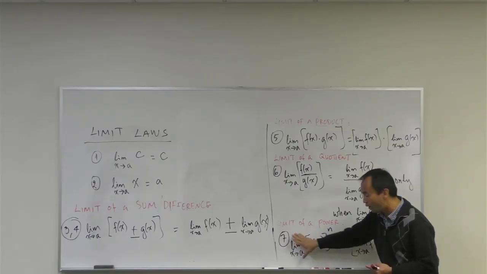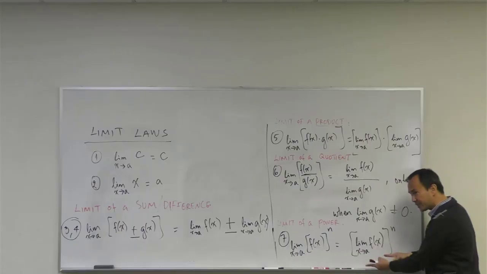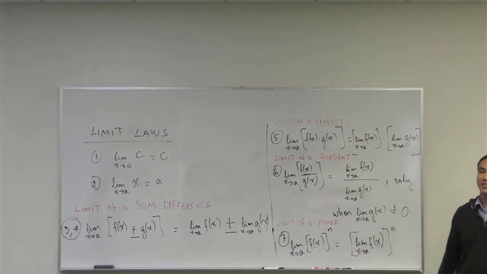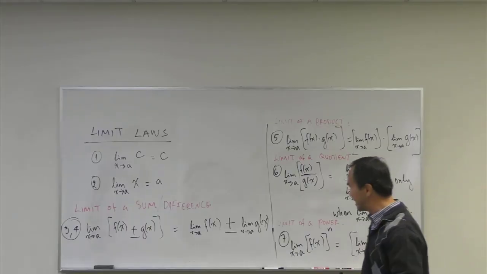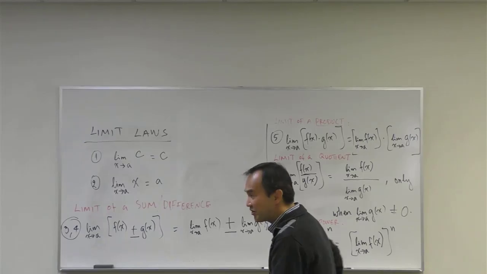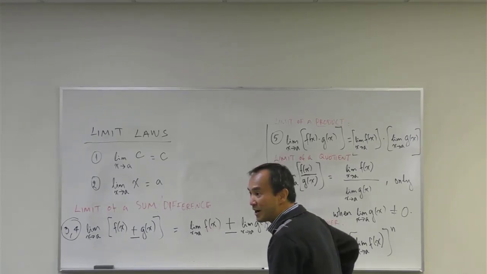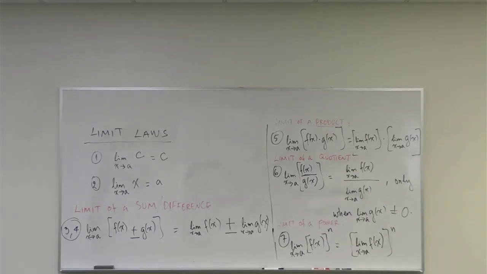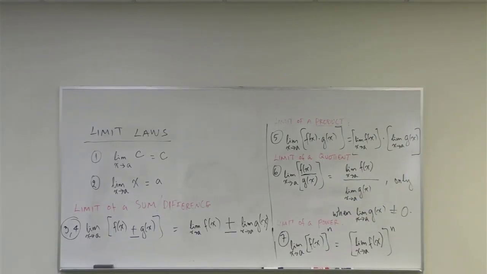But the law allows us to reverse the order, take the limit, and then raise to the power. Another way of seeing it is that it allows you to carry out a certain order of operation and how we can twist it around.